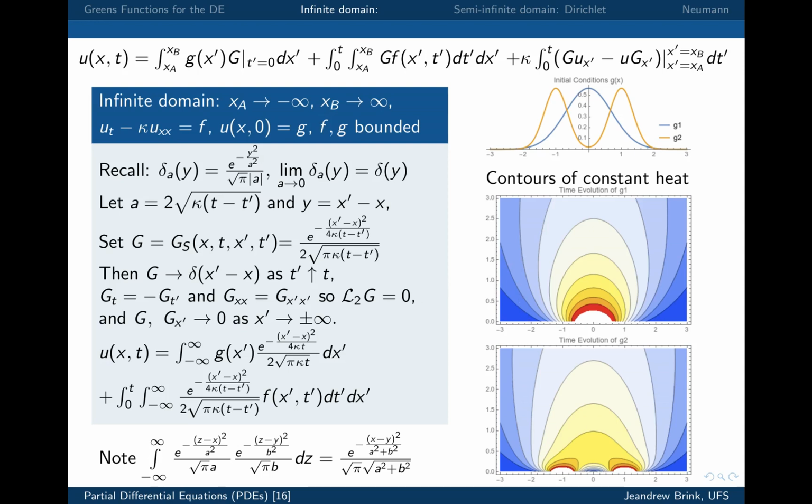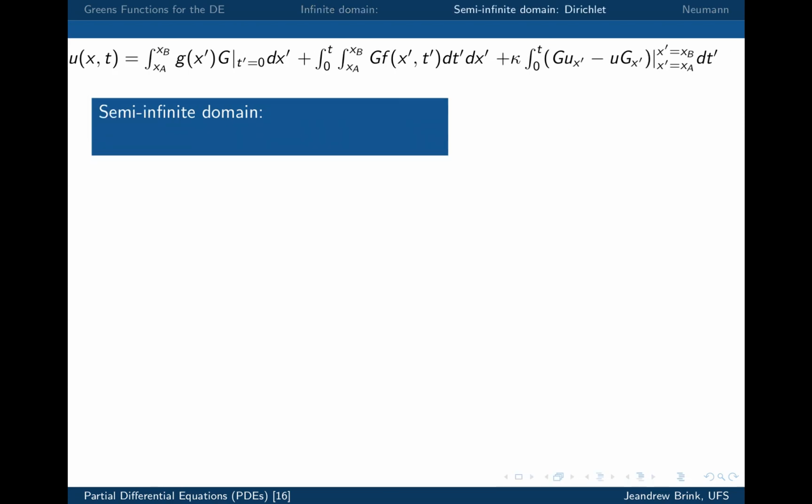So it's important to know that your Green's function, just like in Laplace's equation, is a product of a Green's function that has the delta function spike at x prime minus x, and a component that makes sure you satisfy the boundary condition. So if we have the semi-finite domain, the first thing we're going to do is bring in a distinct boundary at x equals a.